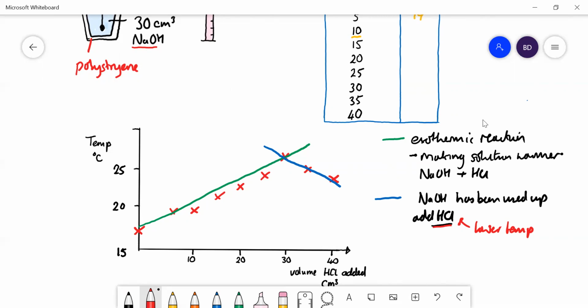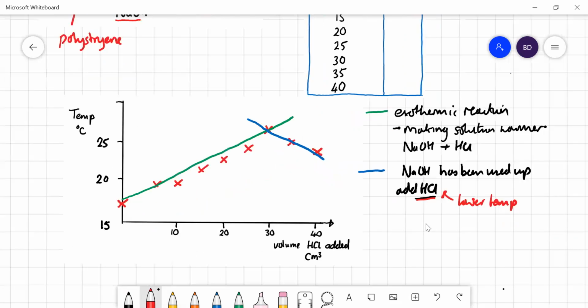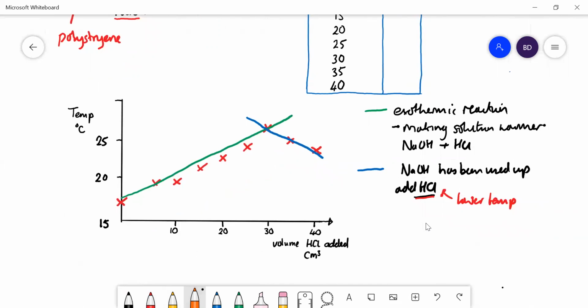So what you can say there is, and they ask you to draw this line at this point, and you extrapolate it. So you extrapolate a line there at 30 centimeters cubed. That's where you've added enough HCl to neutralize all of the NaOH.